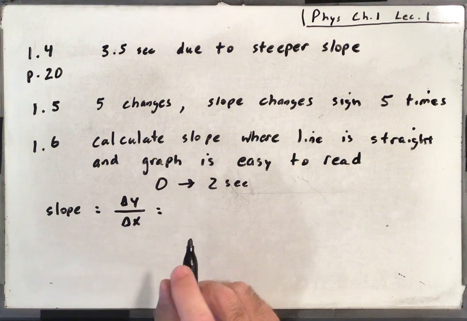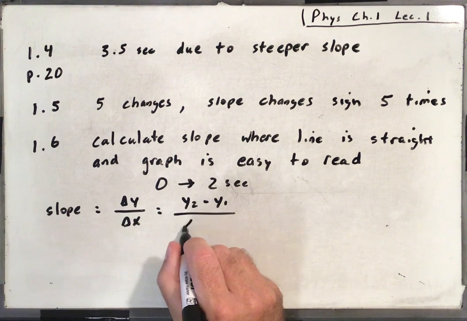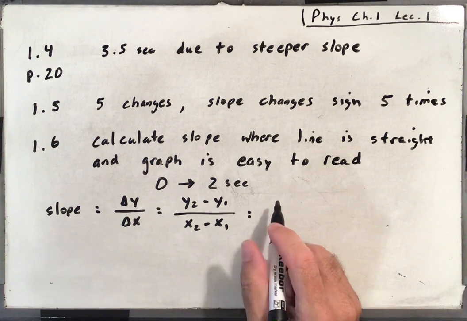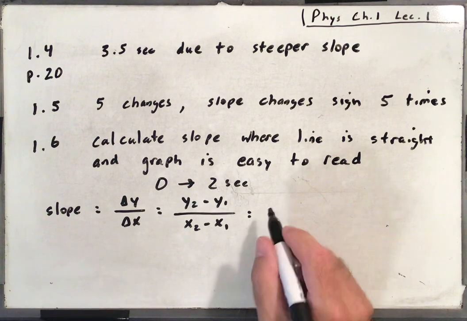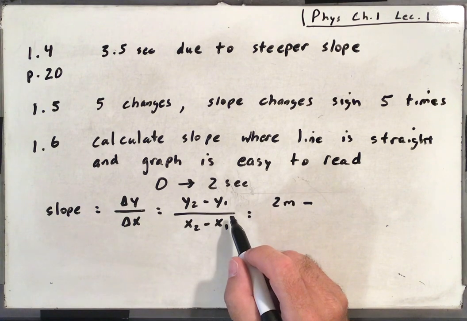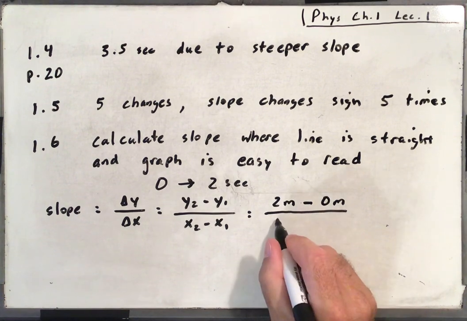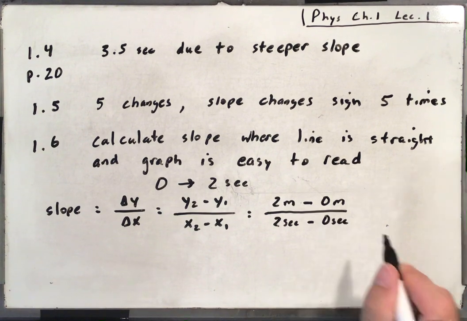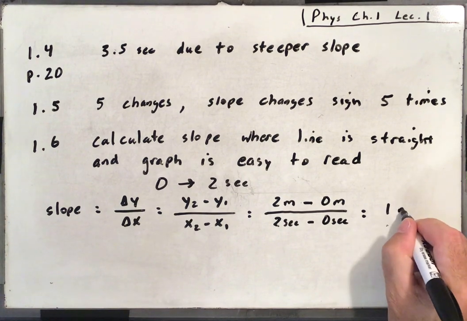You might have learned in algebra class that that's y2 minus y1 over x2 minus x1. Okay, so read the graph. At 2 seconds, the position is 2 meters. At 0 seconds, the position is 0 meters. And then we have 2 seconds, that's x sub 2, minus 0 seconds, that's x sub 1. So that's going to be 1 meter per second.